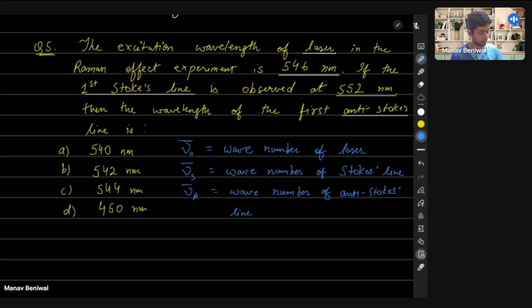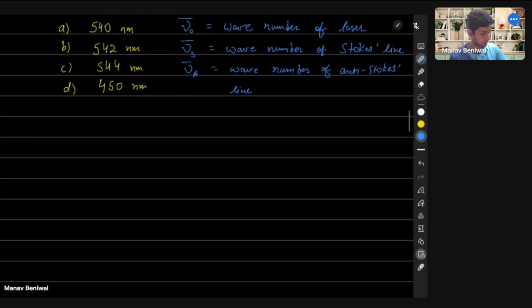So having defined this, let's write the Raman shift. So this is the Raman shift, right?